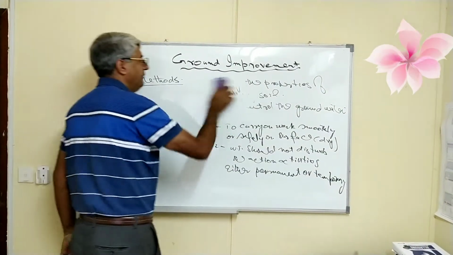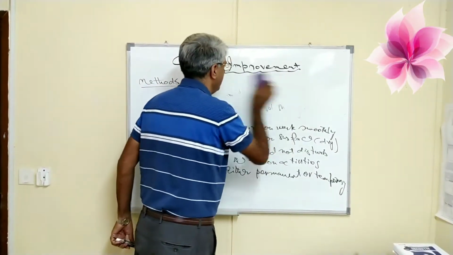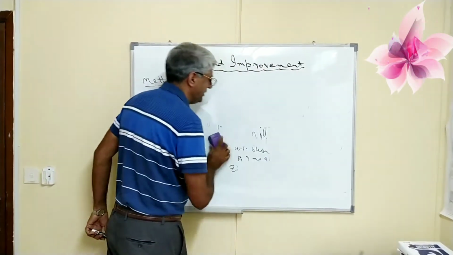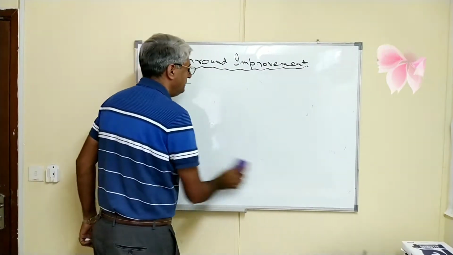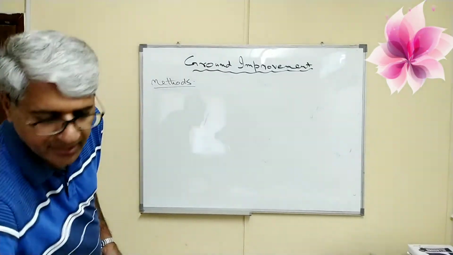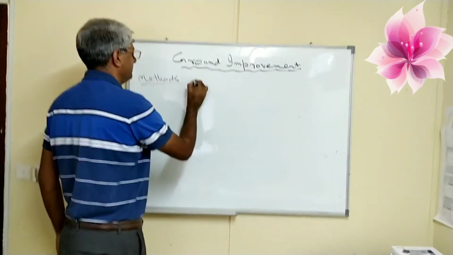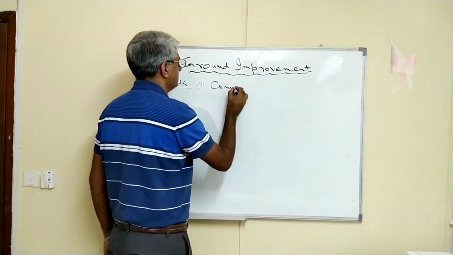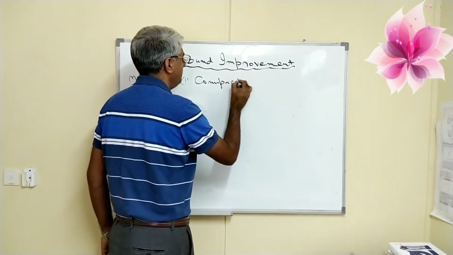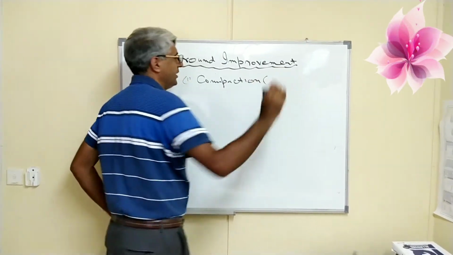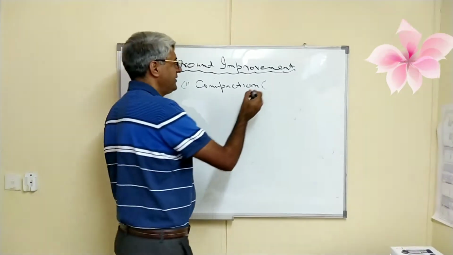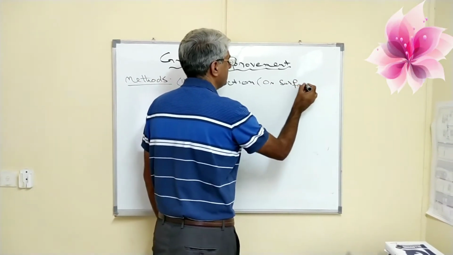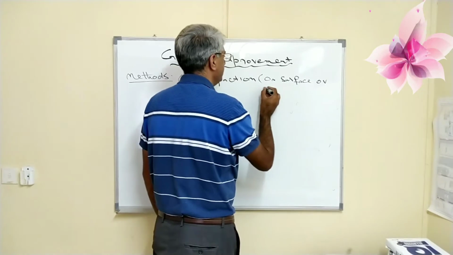Then I will tell you the principles behind them and how we are going to use these methods. First important method is the compaction. Compaction is one method used for the improvement of the ground. This is compaction on surface or deep compaction.